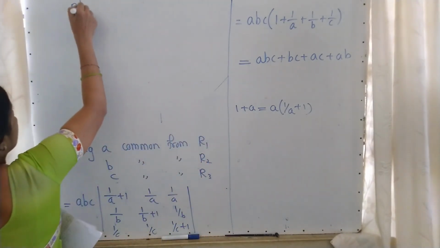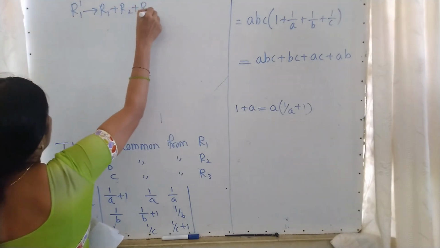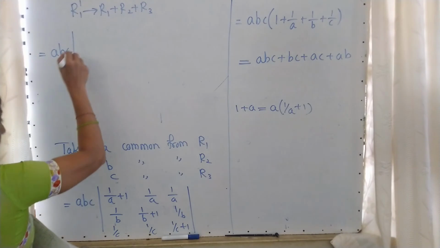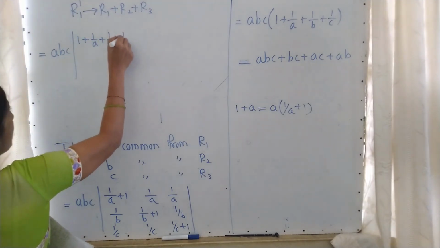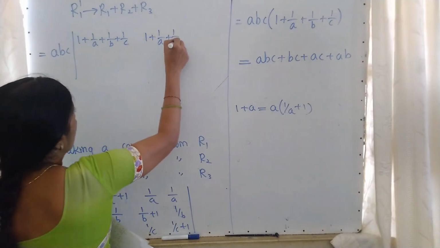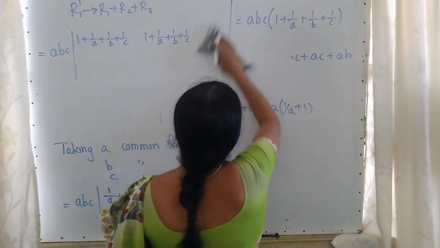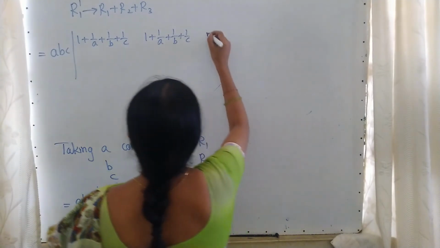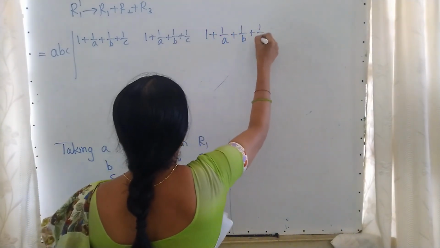R1 dash as R1 plus R2 plus R3. Outside abc as it is. So it is 1 plus 1/a plus 1/b plus 1/c, again 1 plus 1/a plus 1/b plus 1/c, and the third element is also like that, 1 plus 1/a plus 1/b plus 1/c.